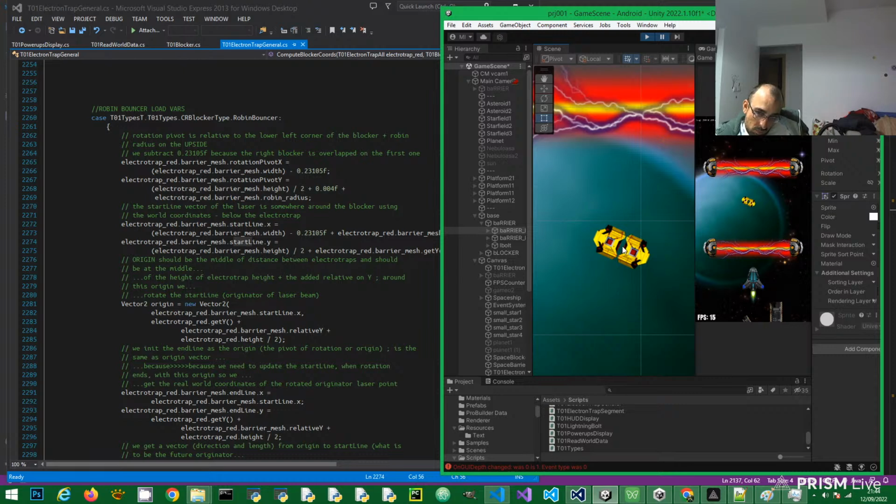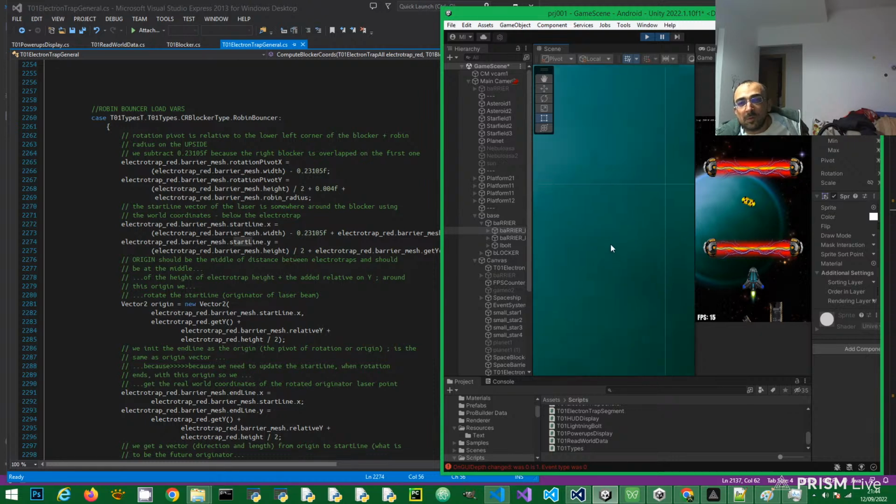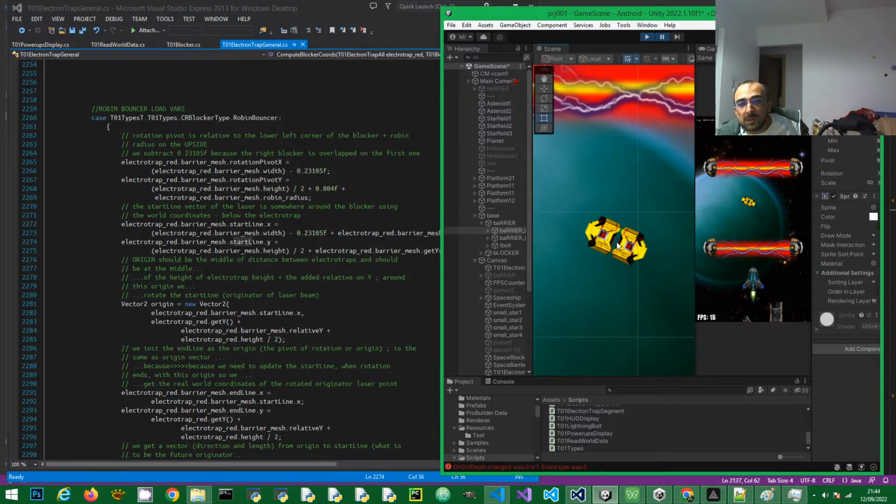Start line is here, end line is here, the middle of the blocker. When the blocker starts expanding, start line will detach from end line, and these two vectors will basically represent the start and the end of the laser mesh line.